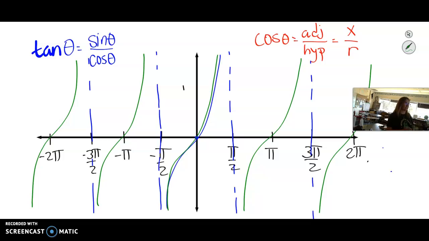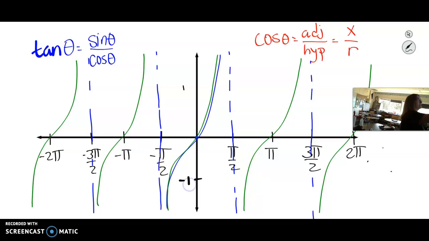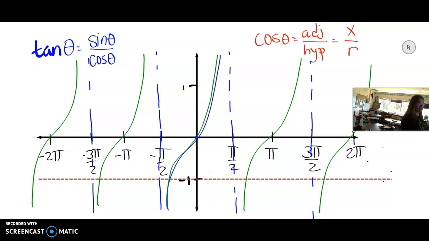So if we're looking at, let's say this is at negative 1 and this is 1 up here. If we're looking for where the tangent of what angle equals negative 1, well, if I draw a horizontal line through negative 1, like that, there are an infinite number of solutions.